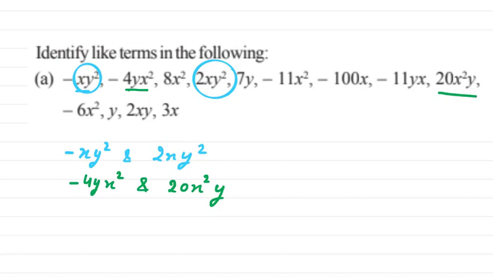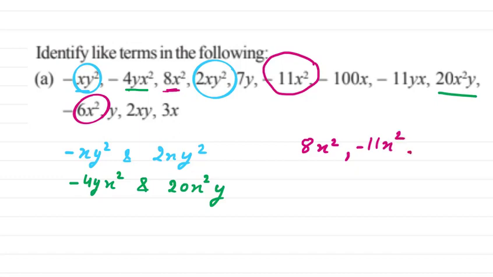Now we'll find the next one. Here we have 8x square, and similar to this we have another like term, yes, this one and this also. So we have minus 11x square and minus 6x square, so all these three are like terms. Now let's see what else we have. Here we have 7y, and like this we have y, so we have 7y and y.